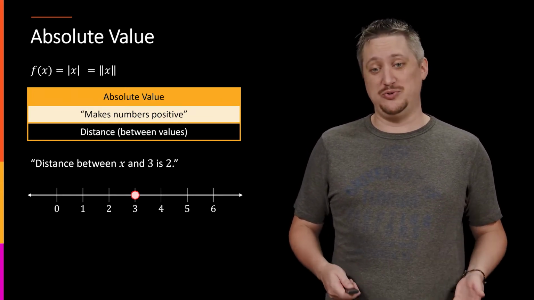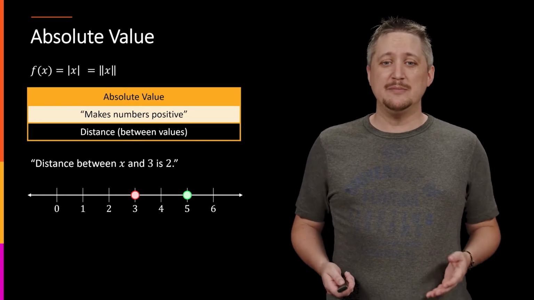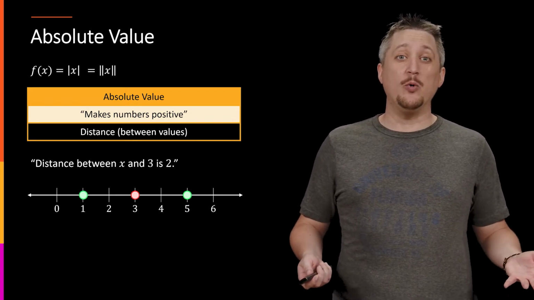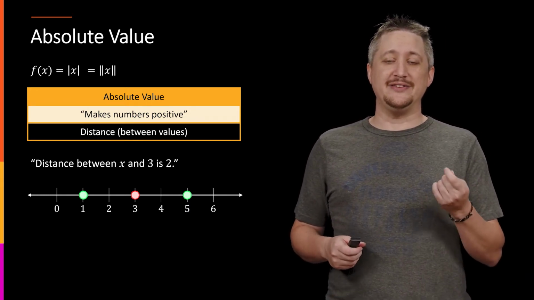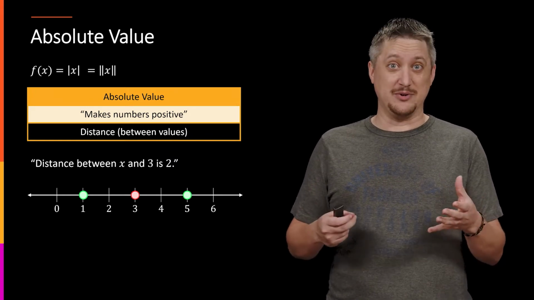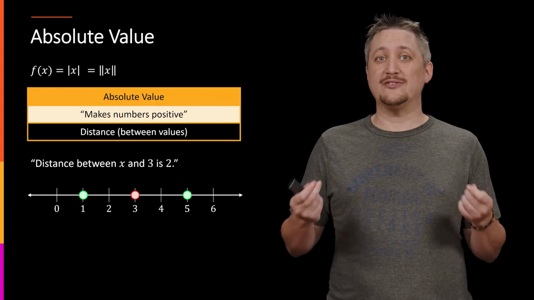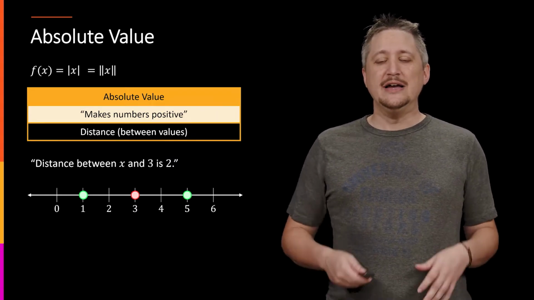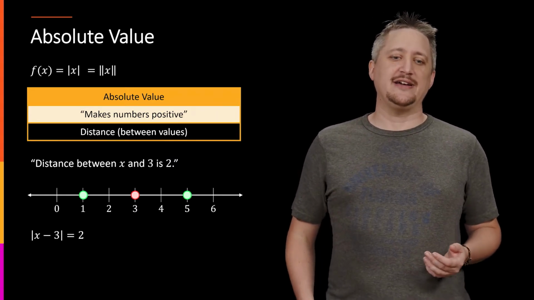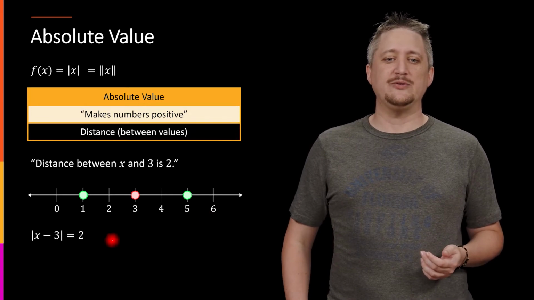I could go 2 to the right, which gives me 5, or 2 to the left, which gives me 1. So the value of x is either 1 or 5. The way we would write that is the absolute value of x minus 3 equals 2.